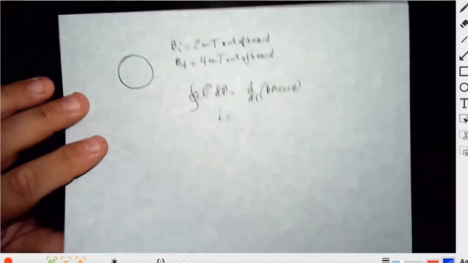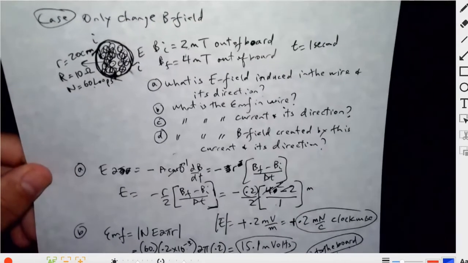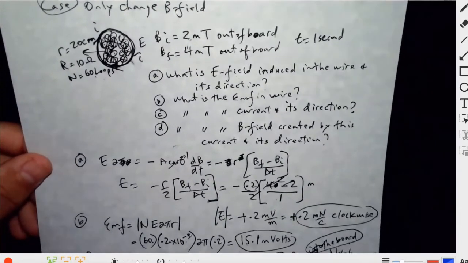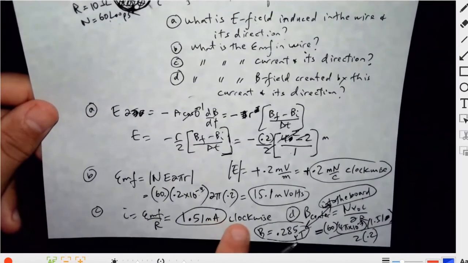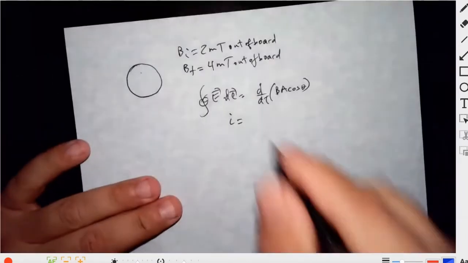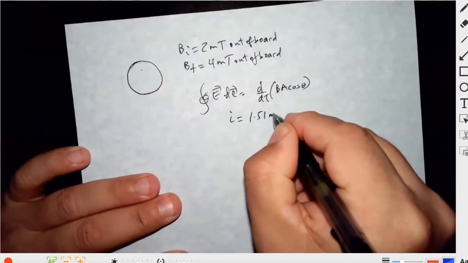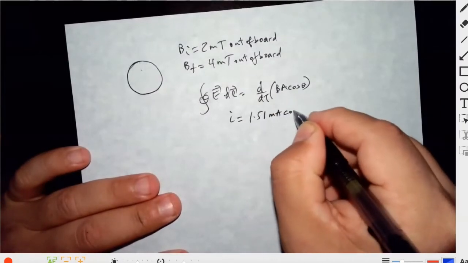So everything would have been the same. You would have created a current that was 1.51 milliamps counterclockwise.